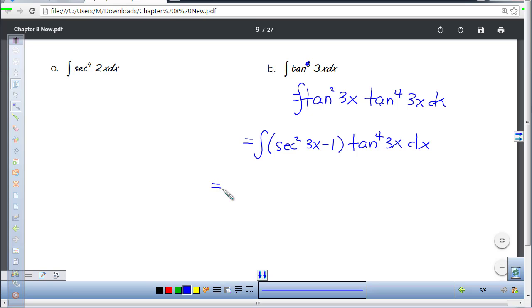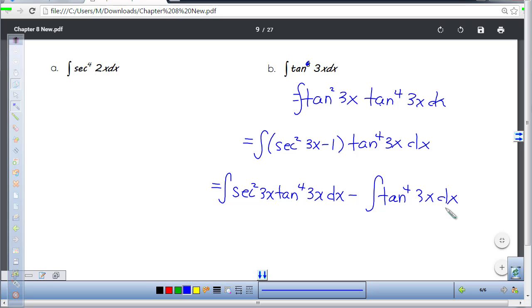And so when I distribute, I get the integral of secant squared 3x times tangent to the fourth 3x dx, minus the integral of tangent to the fourth 3x dx.